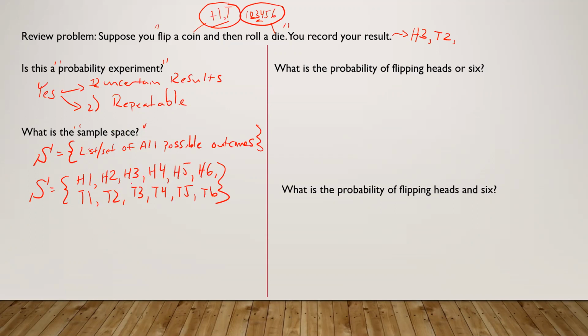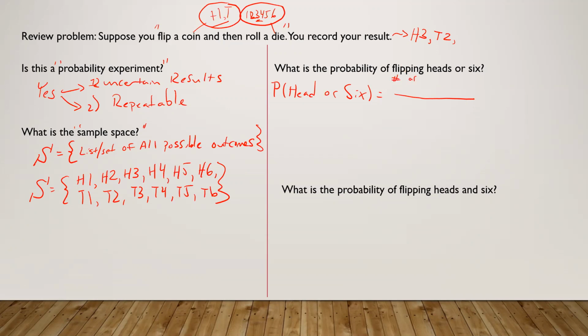Okay, so here's the next question, all right? What is the probability of getting a head or a 6? Okay, so I'm just gonna write this out using the definition real quick.